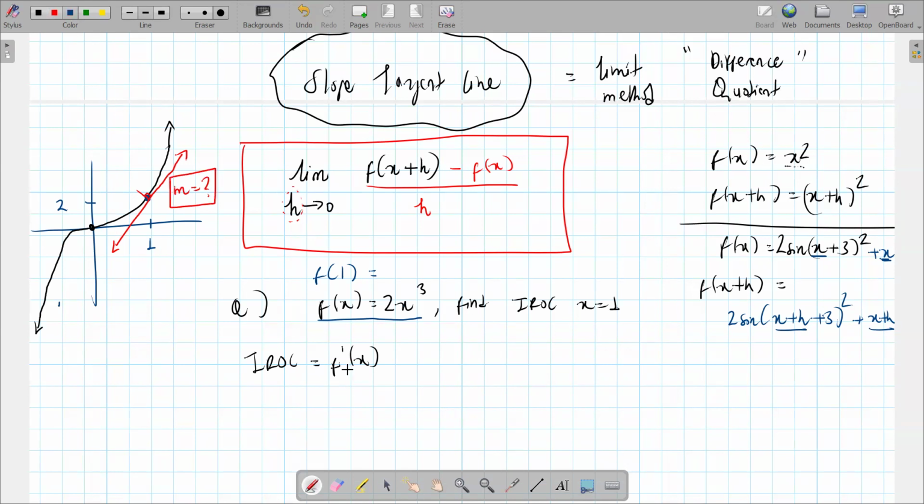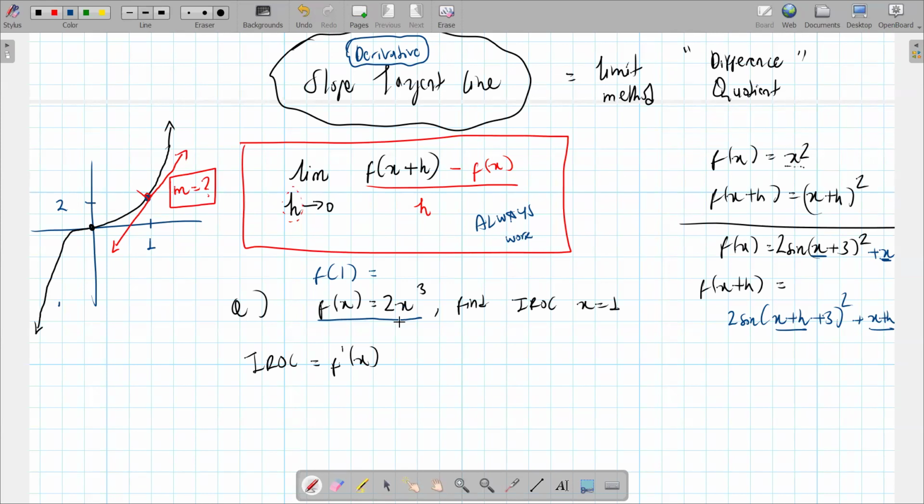For a polynomial, it's fairly easy. If you use a shortcut, this is bulletproof. This will always work. This works for any function. If there is a derivative, what we called IROC, is also called slope of the tangent line, is also called derivative. The difference quotient method always works for any function.